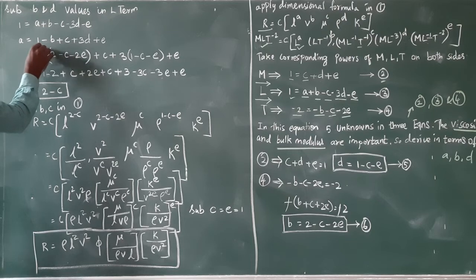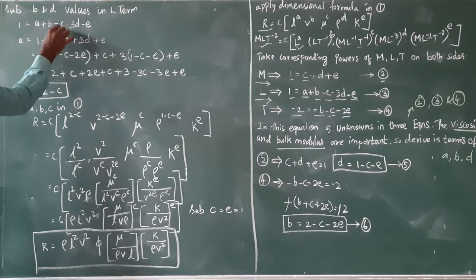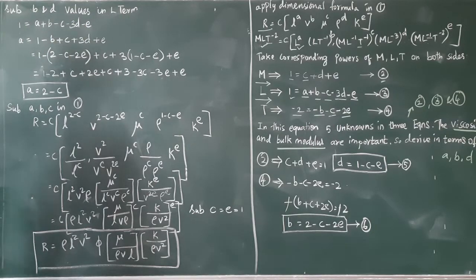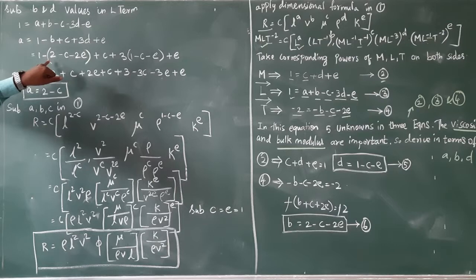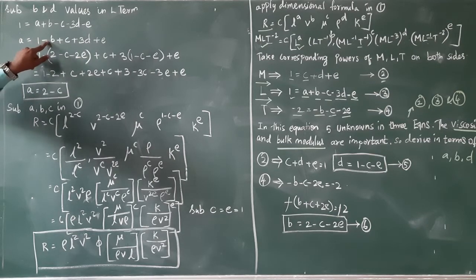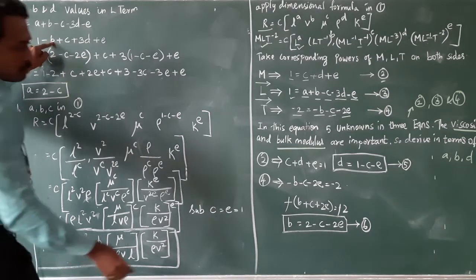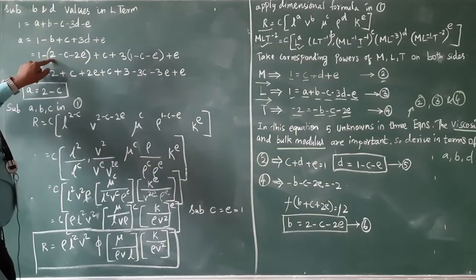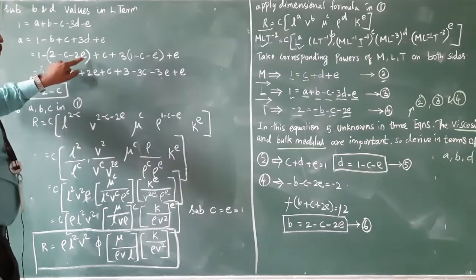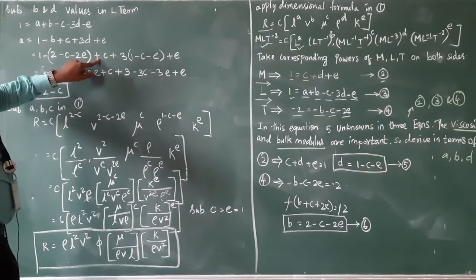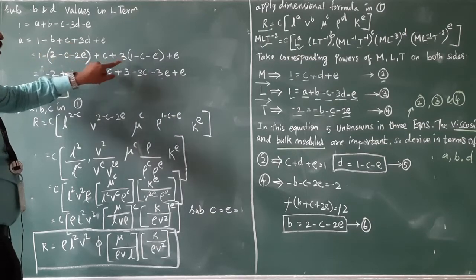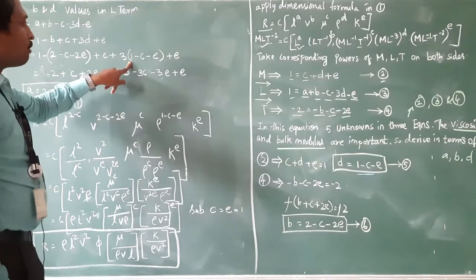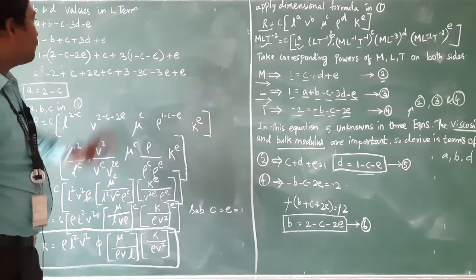A is 1 minus B plus C plus 3D plus E. I am substituting the values of B and D. Minus B is minus of 2 minus C minus 2E. Next, plus 3D, where D is 1 minus C minus E.